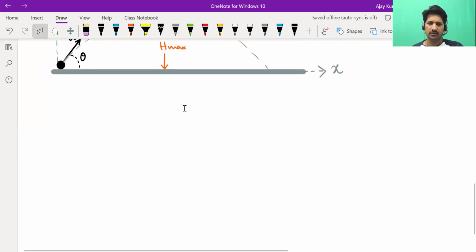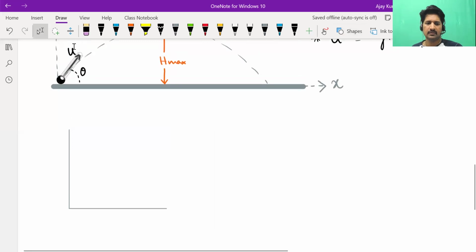Now observe that initial velocity vector. Okay, let me draw it separately. We'll take it a little longer just for us to be able to visualize clearly.